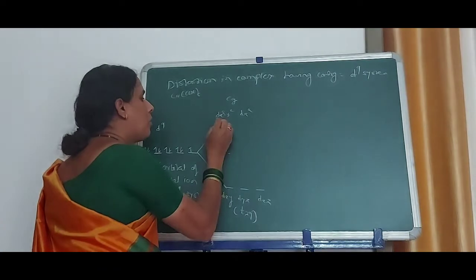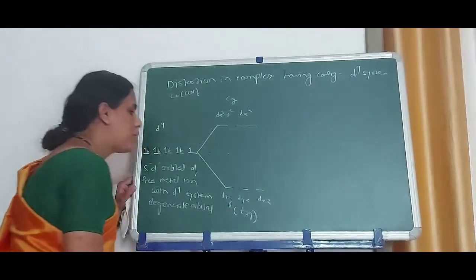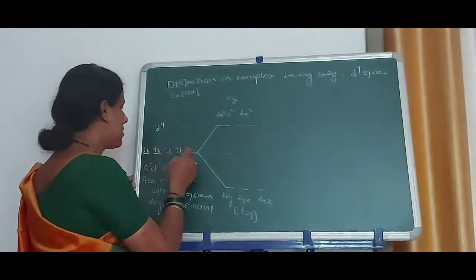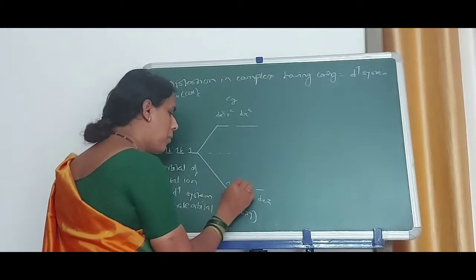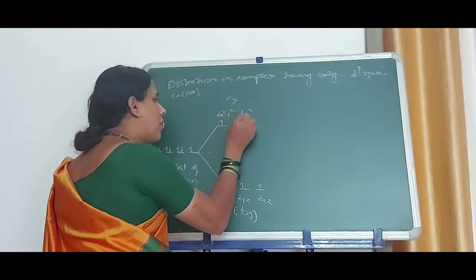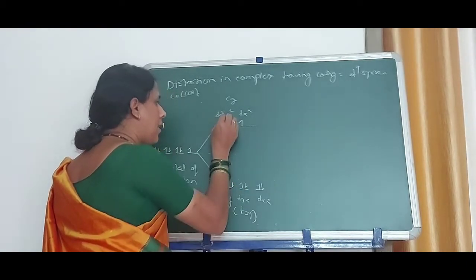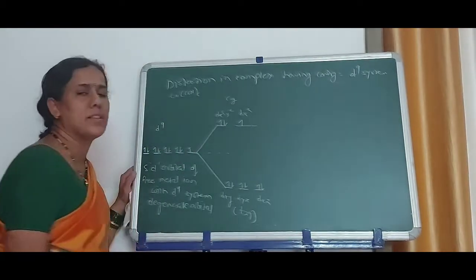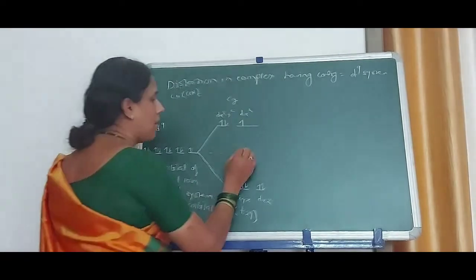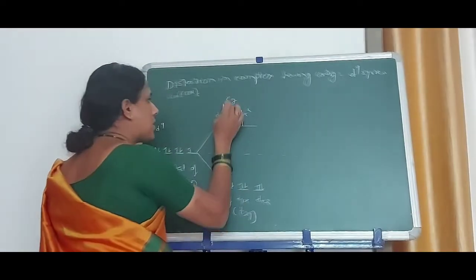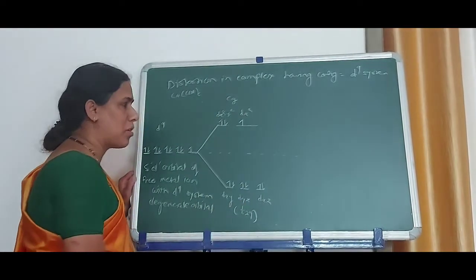Okay, now the distribution of electrons here: 1, 2, 3, 4, 5, 6, 7, 8 and here 9. That is the splitting of the electrons in the subsequent Eg orbitals and T2g orbitals.